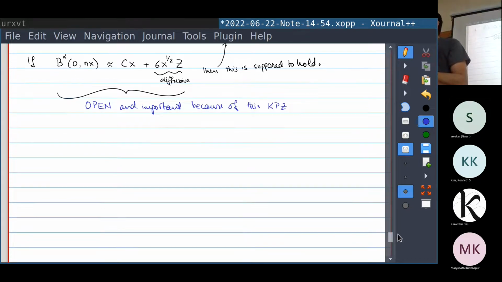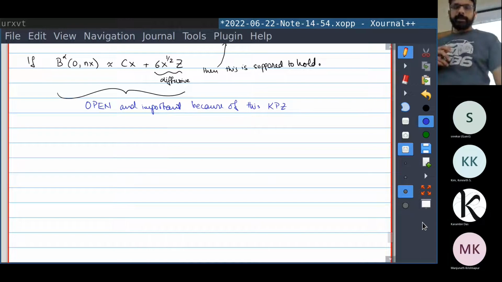Okay. So I've listed several connections for these Busemann functions.